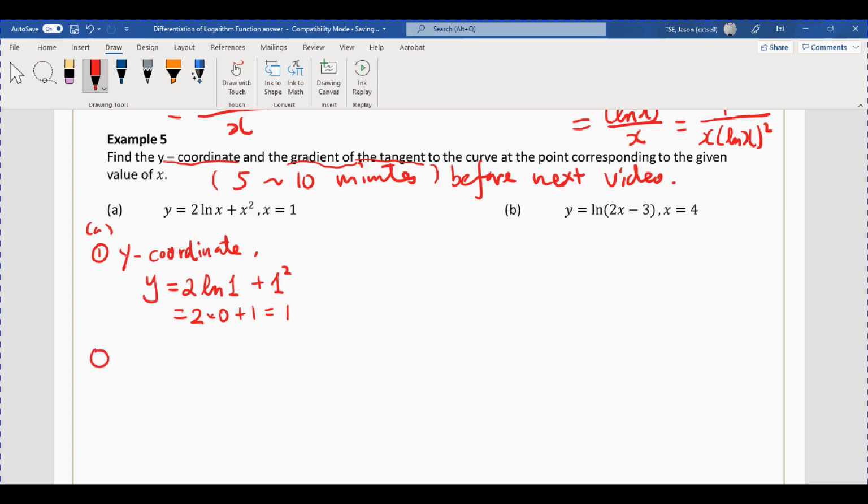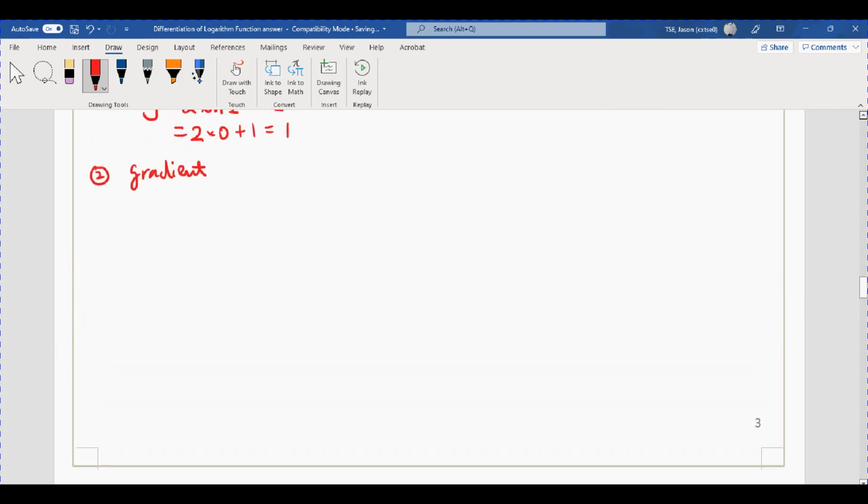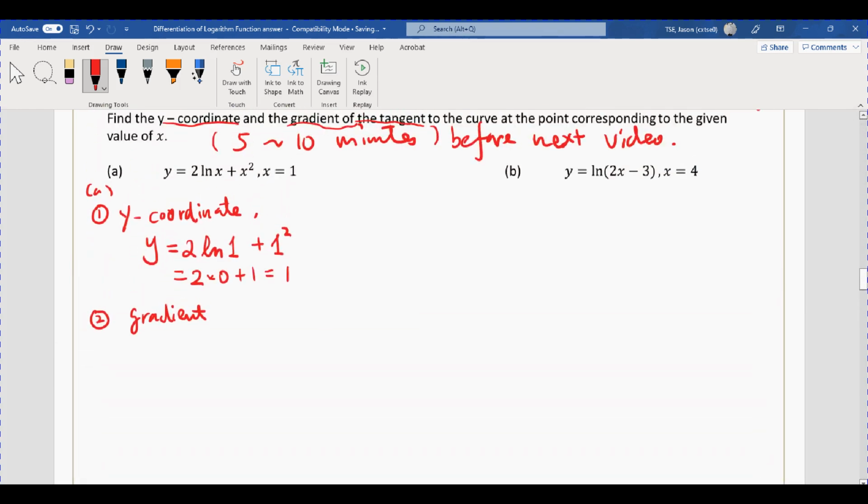Okay, and the second part is the gradient of the tangent. So how can we find the gradient of the tangent? We've learned that before. All you need to do is the differentiation, and the derivative is the gradient of the tangent.